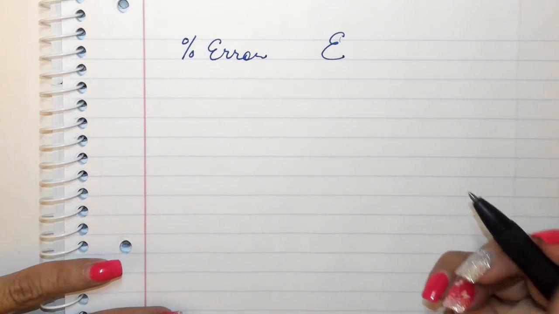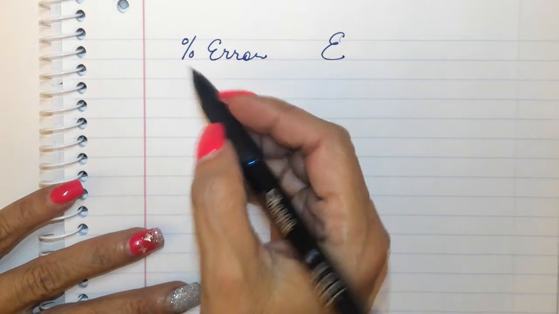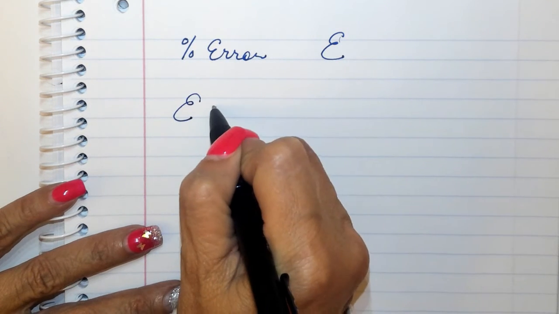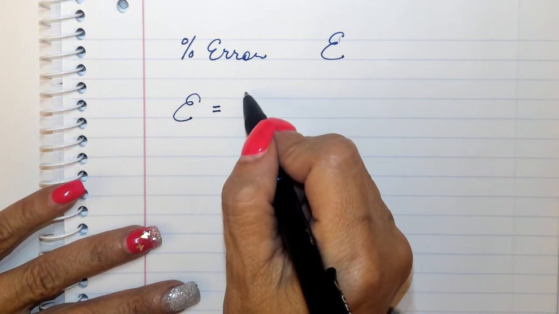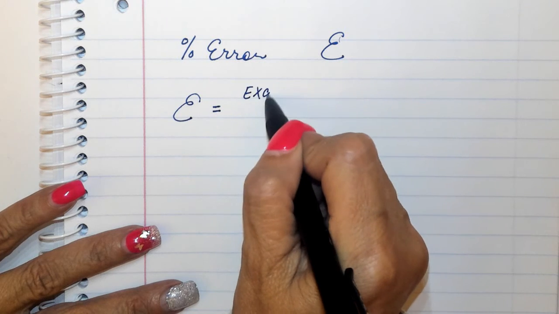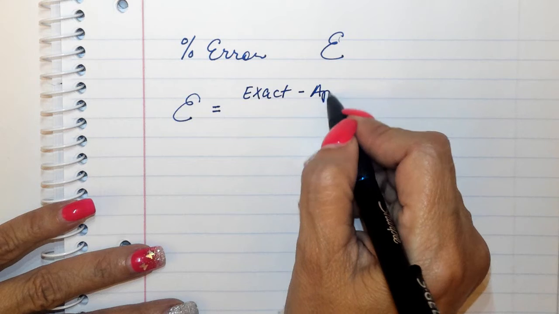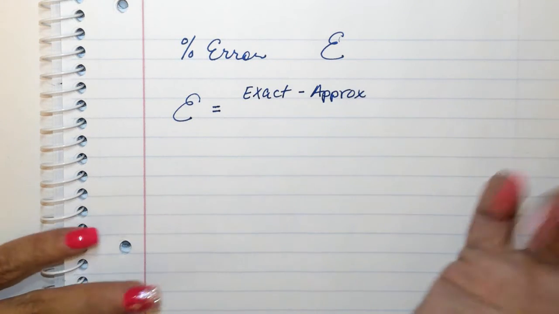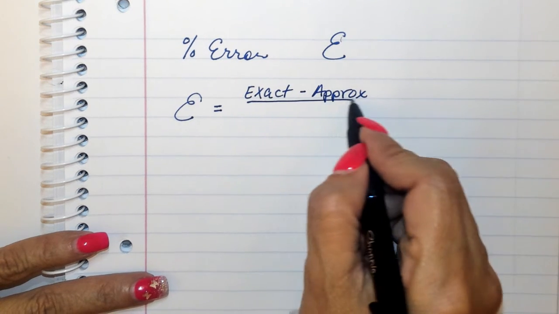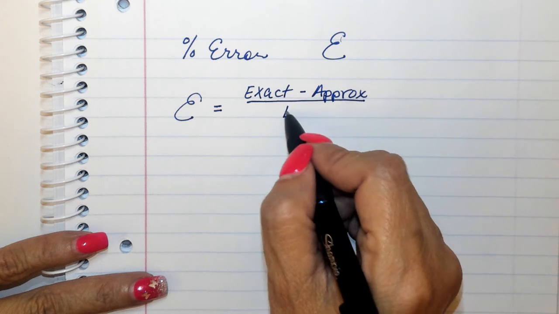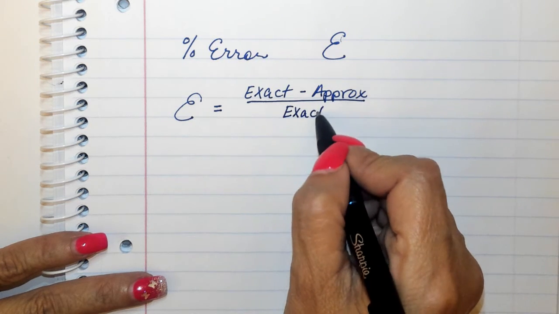So you want to make sure you have a firm grasp of it. Here's what the percent error is. You take the exact value, whatever it is you found, subtract off the approximate value, whatever you approximately get, and you're going to divide it by the exact value.